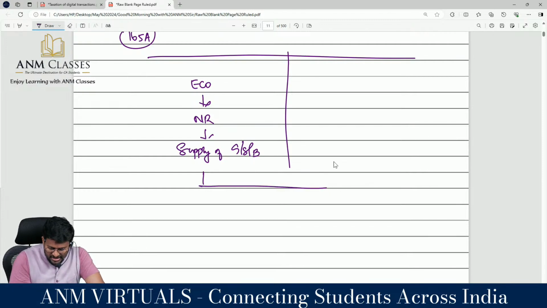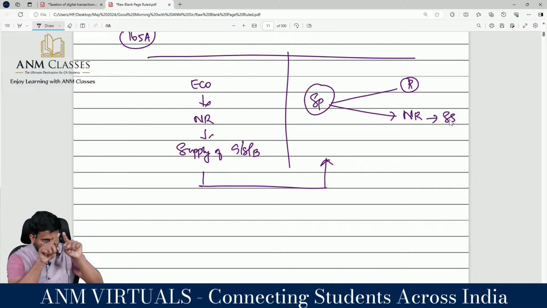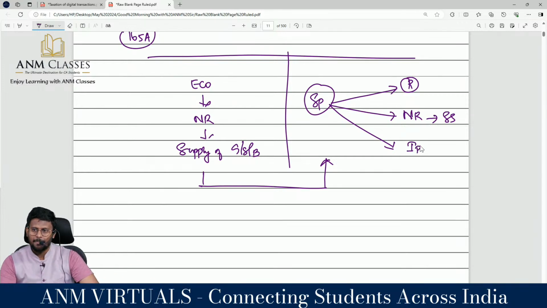Here is the twist. Specified person in India. Correct? The specified person may be resident in India, or a non-resident in specified circumstances. There are 2 specified circumstances: sale of advertisement, sale of data. Correct? Yes, sir. Third one, any person who is using an IP address in India. Right?